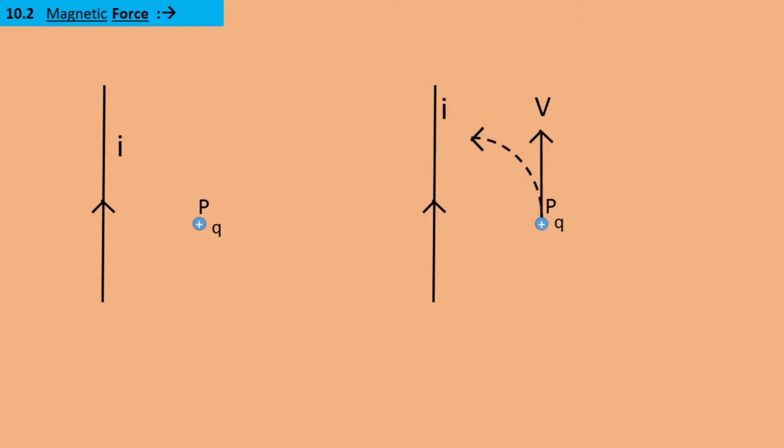There must be a field at point P which exerts force on the charge when it is projected. Such a force is called a magnetic force. In case number 1, there is no force on the charge at rest. Magnetic force is exerted when plus Q charge is projected, and such a force is the magnetic force.